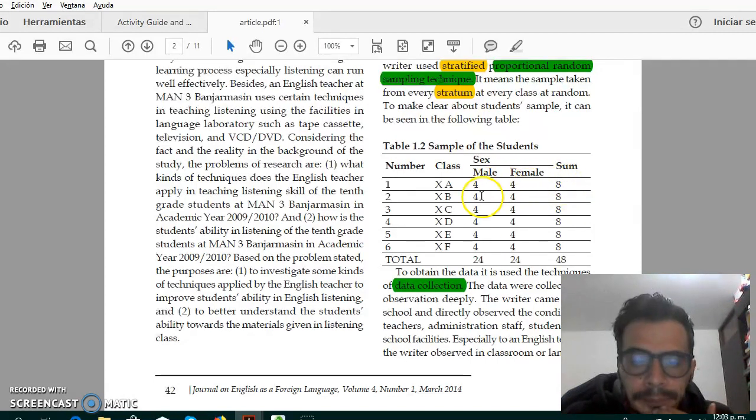We can see the researcher tries to maintain an equal number of males and females, for example, 4 and 4.